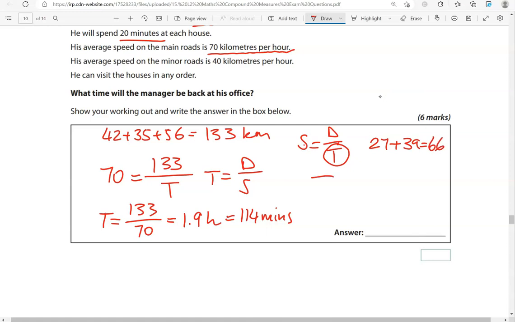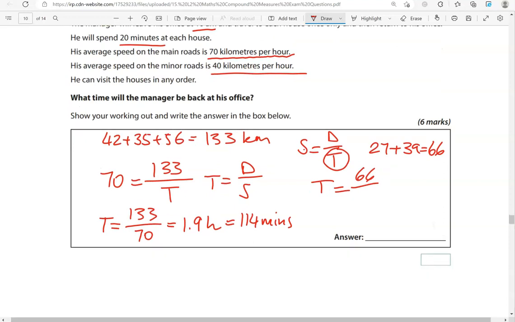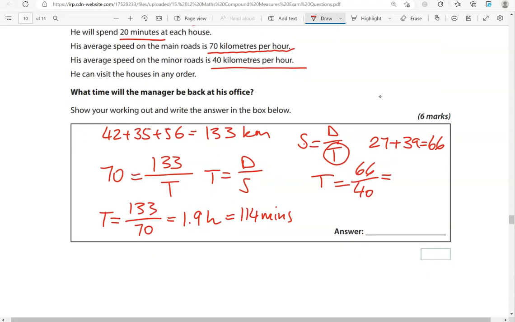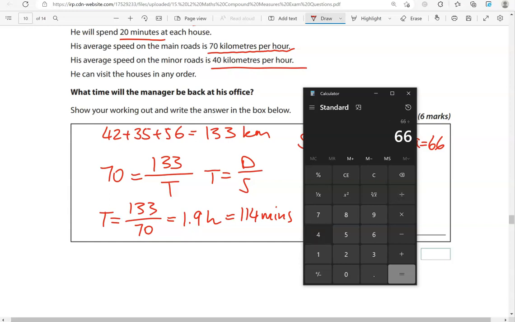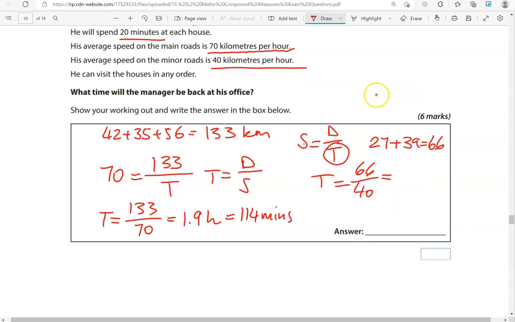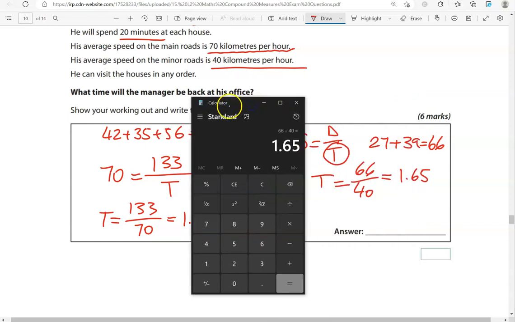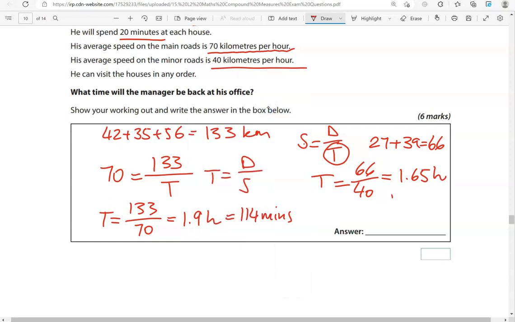So to work out the time it takes to do the minor roads, we'll do distance, which is 66, divided by the speed, which is 40 kilometers per hour. So 66 divided by 40 gives us 1.65. To work it out in minutes, because this is in hours, we'll multiply it by 60. So it gives us 99 minutes.